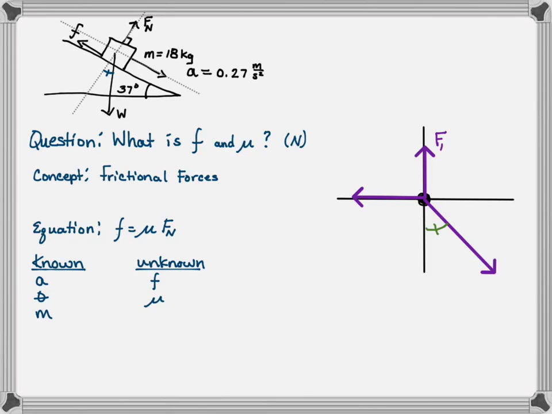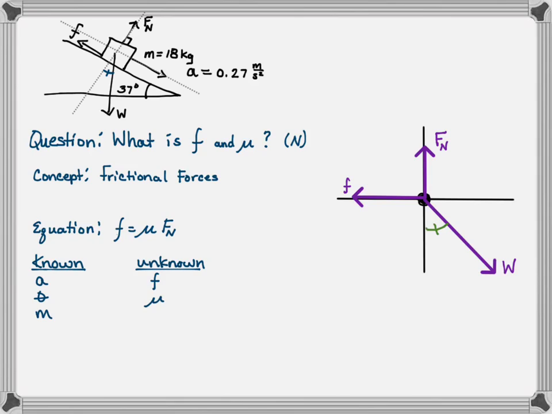So again, we have to draw free body diagrams now that we're dealing with forces. The box is represented by the dot at the origin of this coordinate system. The frictional force is going in a negative x direction. The normal force is in a positive y direction. The weight, again, is at some angle, theta, with respect to the y-axis.